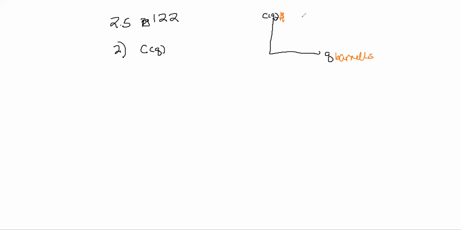So we're considering this as a change, so it's delta Y over delta X, or in this case, dollars over barrels. So that is the units for the marginal cost.